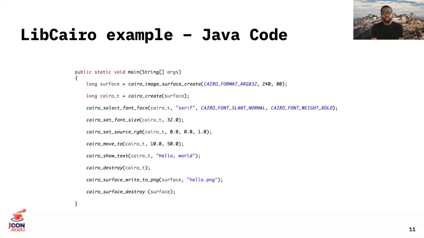It's not shown here, but for the macro definitions, we had to define them ourselves because in Java code you can't import the native header files that define them. So you have to define all the macros yourself, which is another burden for the developer. But once you've done all of that, you essentially write the application as you would in the native C case, and then you compile this.